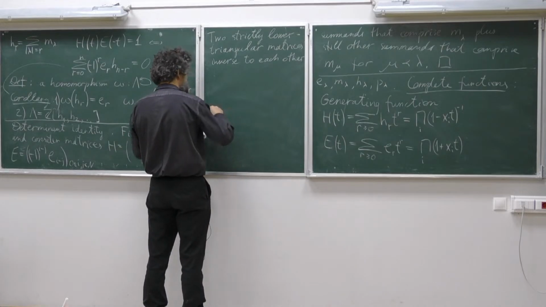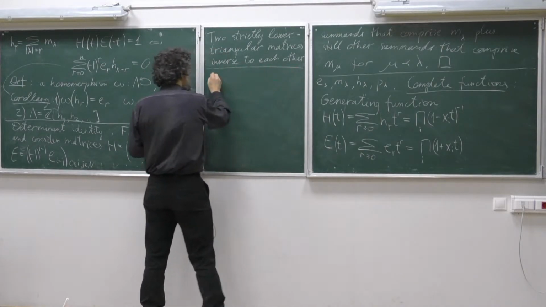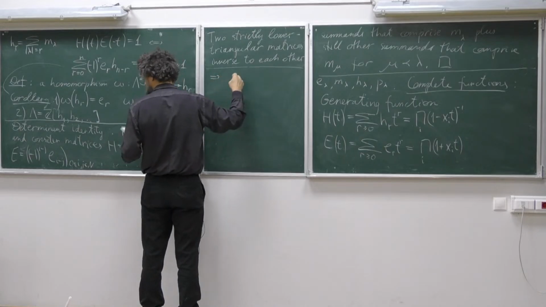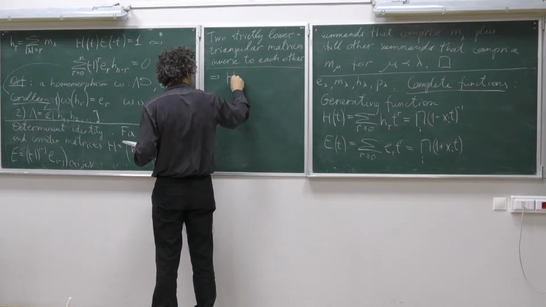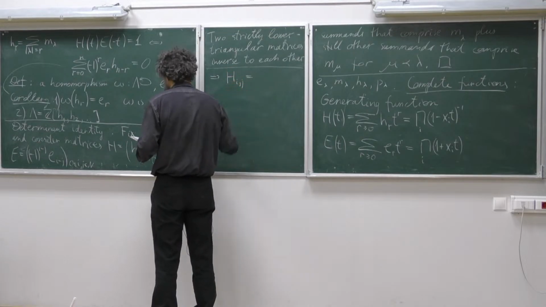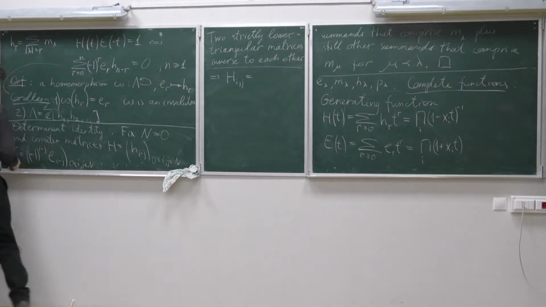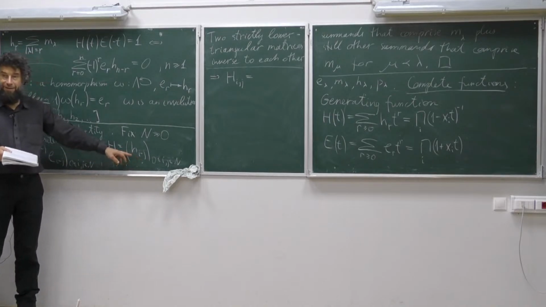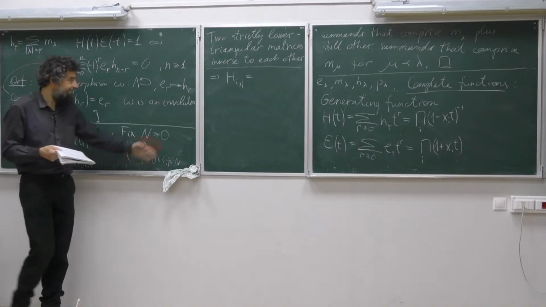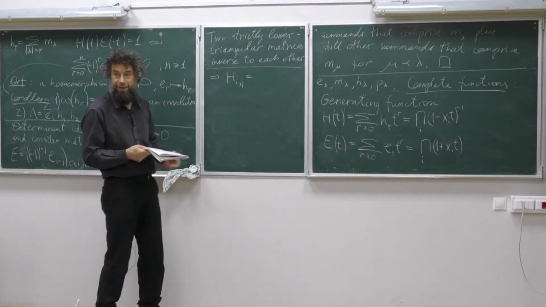Okay, well, this means that an element like, say, h_{ij} can be expressed through elements of this matrix. And how can it be expressed? A typical element of this matrix at the ith row and jth column.